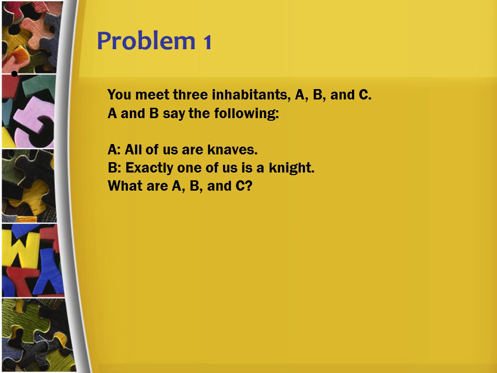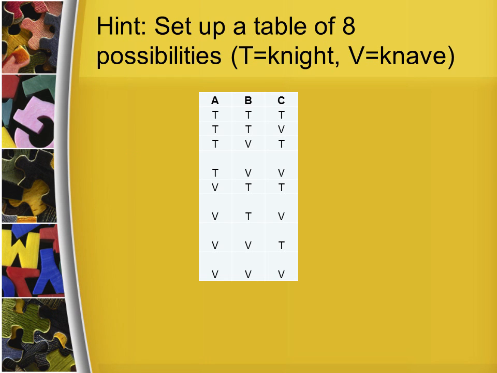If you feel like you have enough information to solve it and you just want to pause, then that's okay. If you want a hint as to how to set this up, then I'm going to move on. My hint is to set up the list of all the possibilities of what A, B, and C could be.